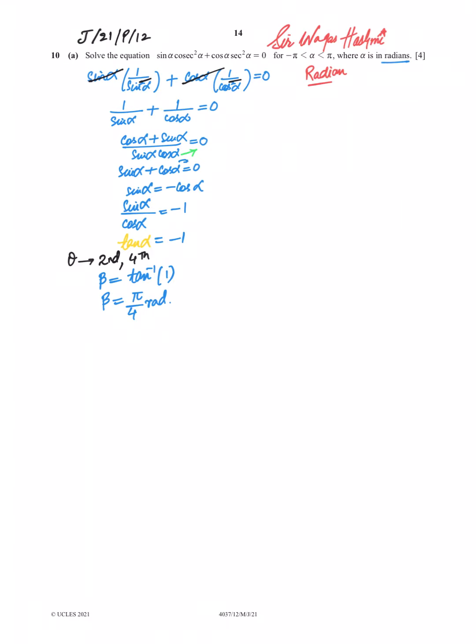Alright. So we know that we need to travel in the second or fourth quadrant, but the range of the question is not the same. It says in the question that it's from minus pi till positive pi. That means we also need to travel in the clockwise direction, because we have a negative sign on the angle.